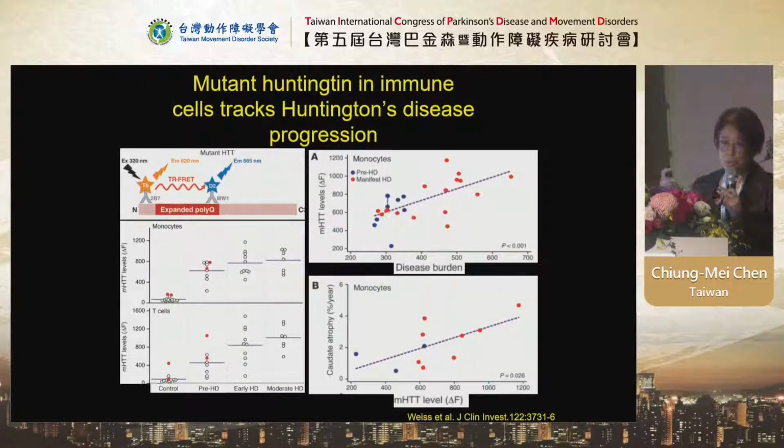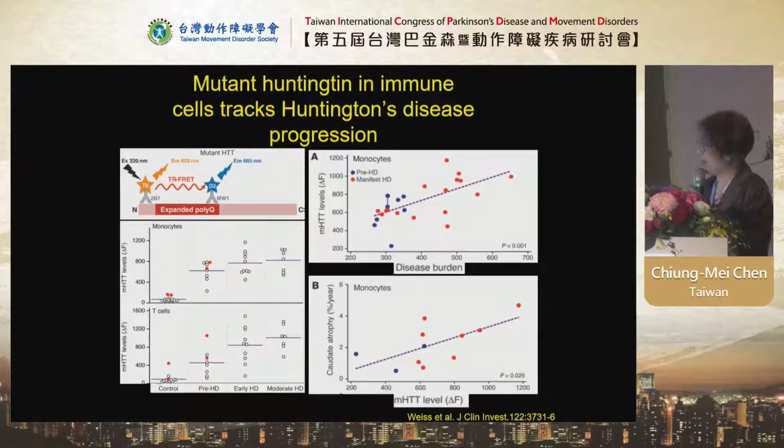But we also need biochemical biomarker. And Tabrizi group, they use TR-FRET technology and certain antibody to detect mutant huntingtin in peripheral blood cells of Huntington disease.